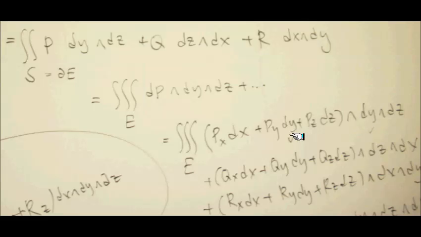If you combine this dy with dy wedge dz, that's going to be the first column. The second column happens to be the same as the first column, a scalar multiple, so the determinant is going to be 0. If we look at the third column, dz is combined with dz, so that third column is the same, and the determinant is going to be 0. So the determinant of this first column, this whole thing, is the same as Px dx wedge dy wedge dz, and that's the only thing that survives.